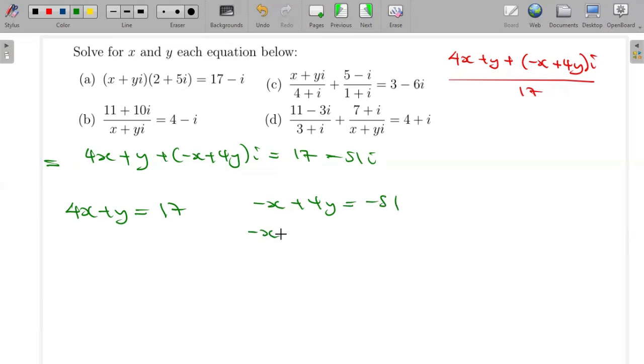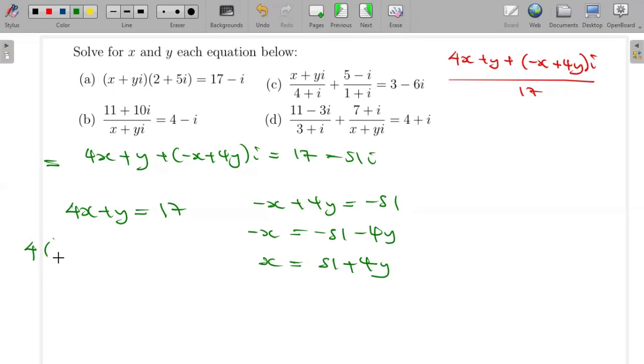So I use this one here again. I take this one to the other side, I get negative 51 minus 4y. Then I divide by negative 1 throughout, and I get x is equal to 51 plus 4y. So in this other equation where there's x, I'm going to replace that there.